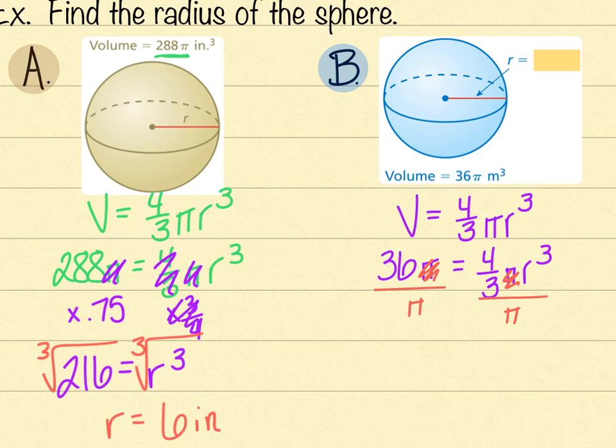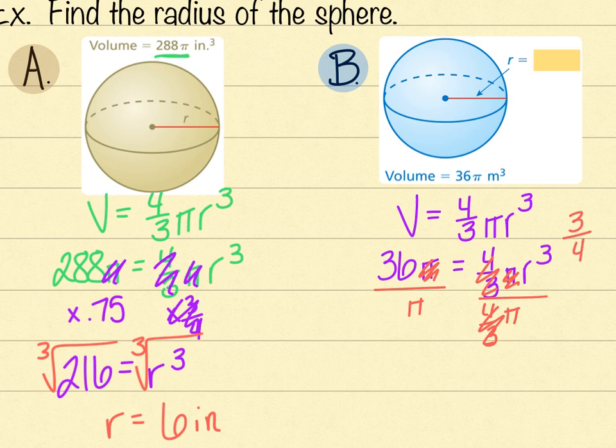And then we're going to divide both sides by 4/3. Now remember what we just said, dividing by 4/3 is the same as multiplying by 0.75, because the inverse of 4/3 would be to multiply by 3/4. And so that's why we can get away with doing that.